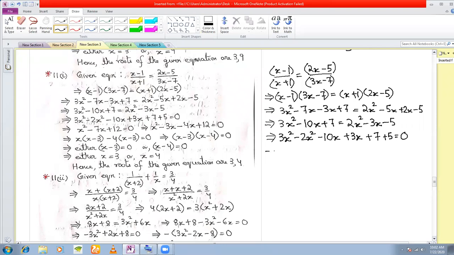Okay, so this will become x square minus 10 and plus 3 is minus 7x, and so we have brought it to the form ax square plus bx plus c. Any doubts here?